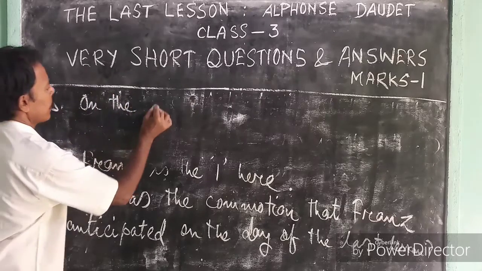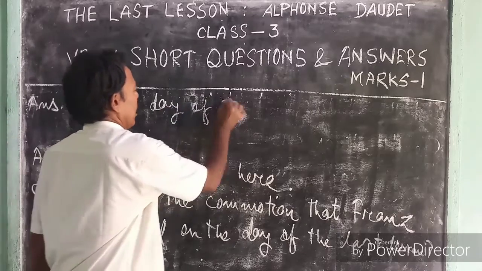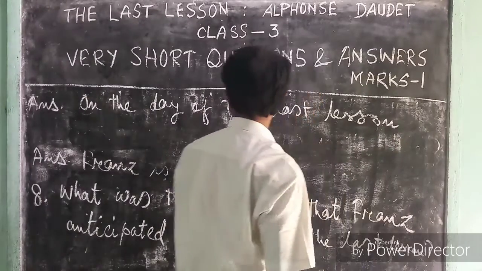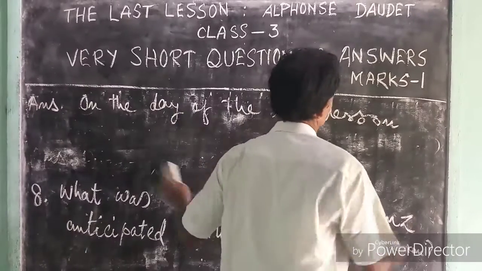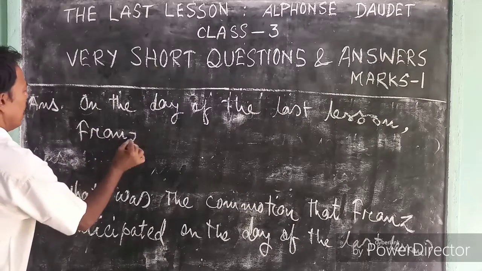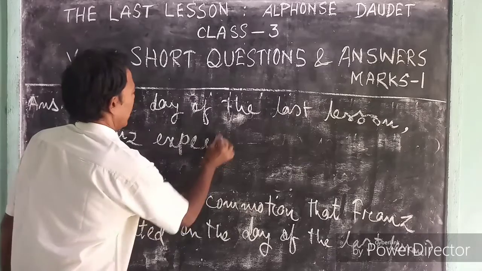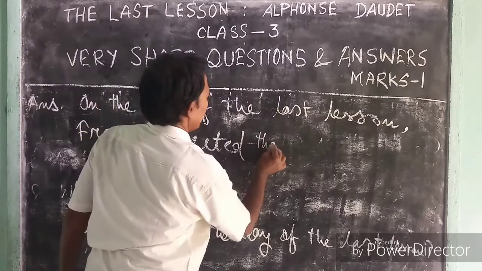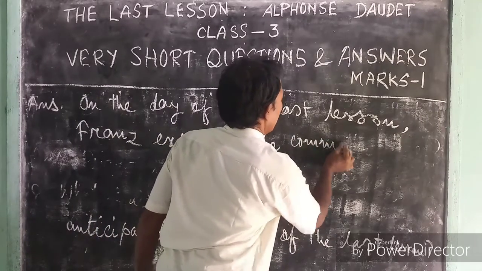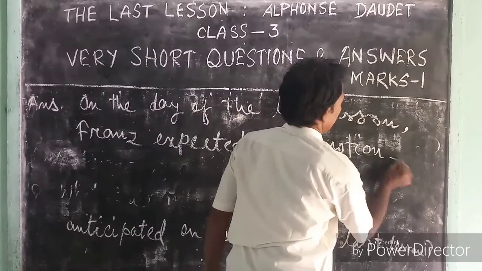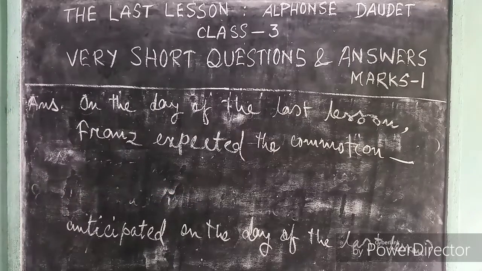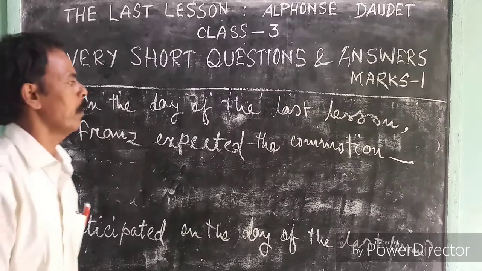On the day of the last lesson, Franz expected the commotion. Commotion means excessive sounds, a great bustle.